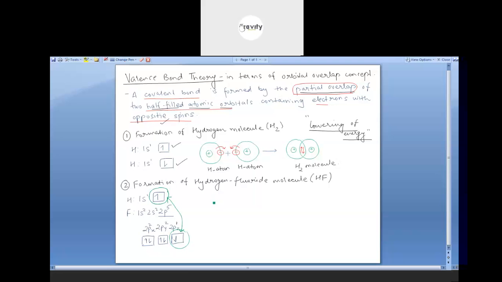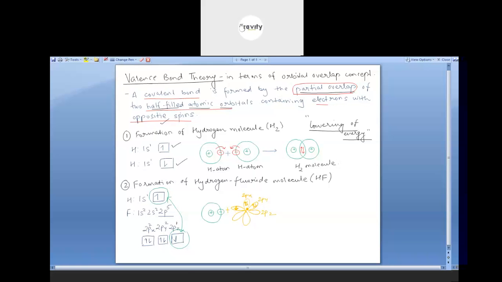Considering the electron cloud picture, here is the hydrogen atom with a single nucleus and an electron in a particular spin, and on the other hand we have fluorine, which has a 2px orbital, a 2py orbital, and a 2pz orbital, where this 2px has paired electrons, this 2py has paired electrons, and this 2pz has a single unpaired electron with a spin opposite to that of the hydrogen atom.